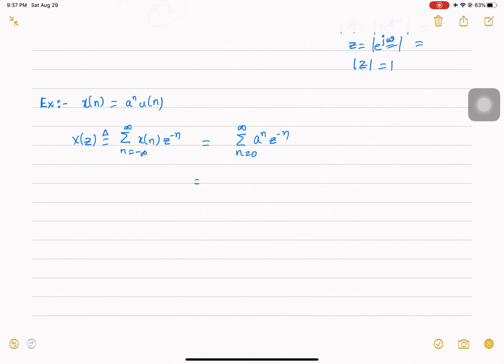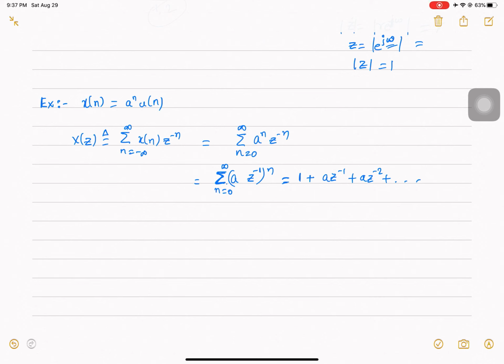Now this I can write as 1 plus az inverse plus az inverse square plus so on and so forth.